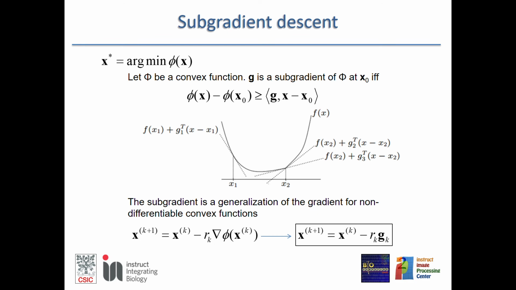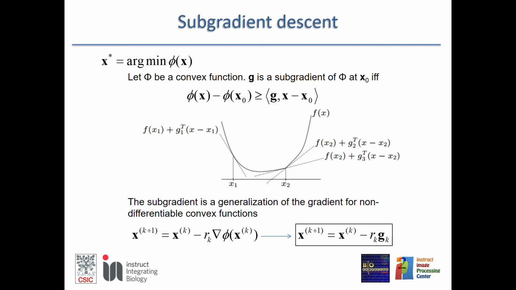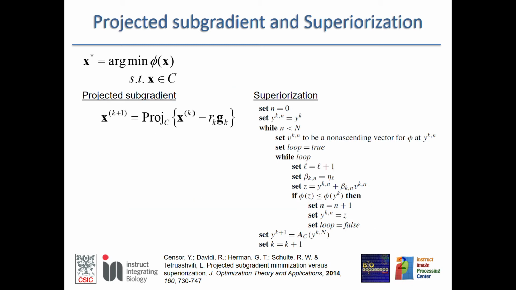And then if you are in this setup of constrained optimization, then you can explore a different branch of mathematics that uses, instead of this gradient descent, something called subgradient descent, and you can be very creative about this.